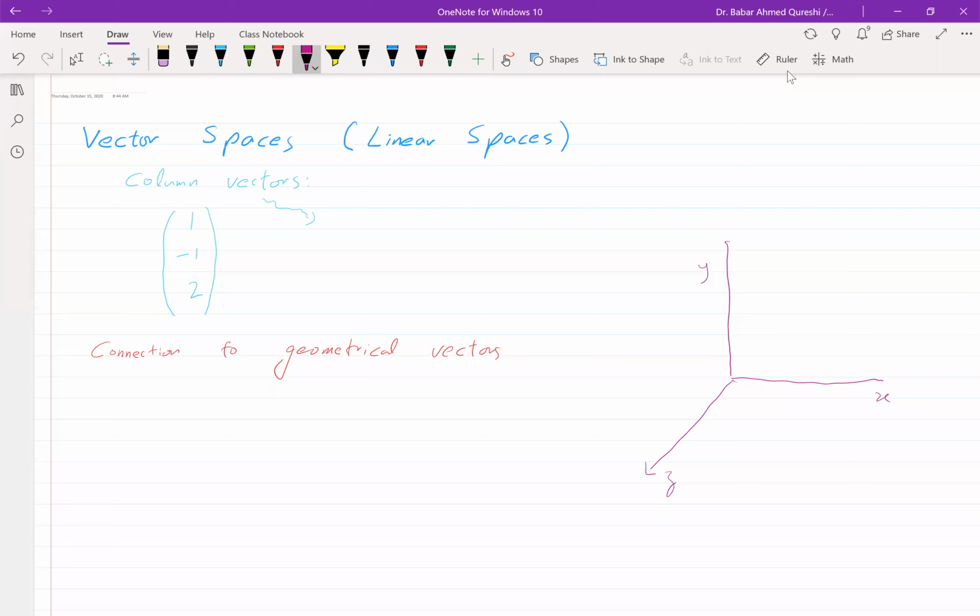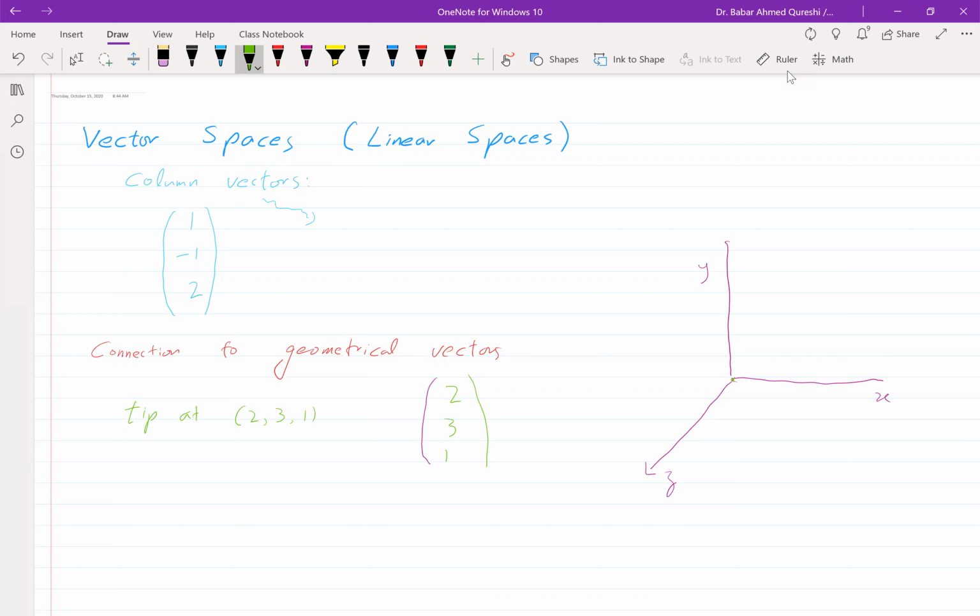And for example, if I take this column vector, 2, 3, 1, it will be a vector in this space starting from the origin and the tip at this point with coordinates 2, 3, 1.